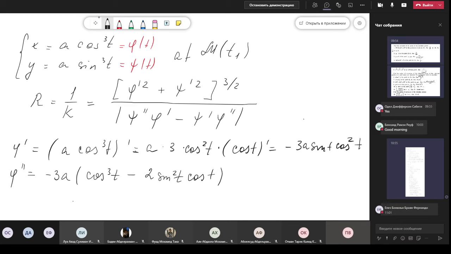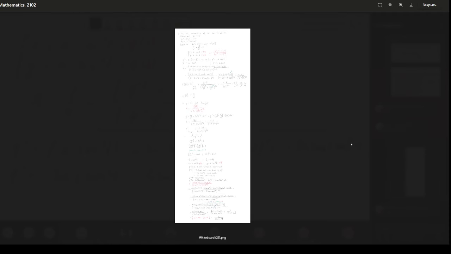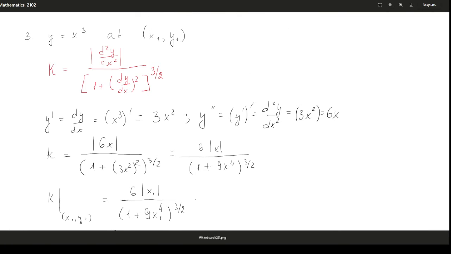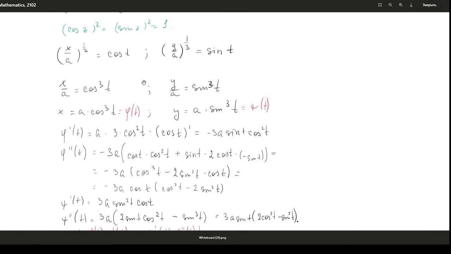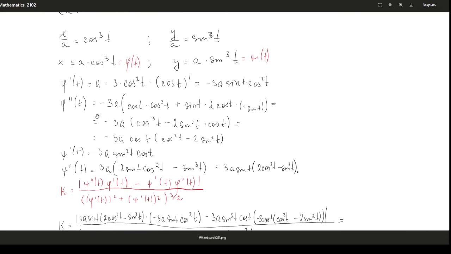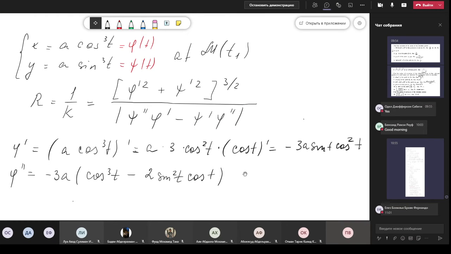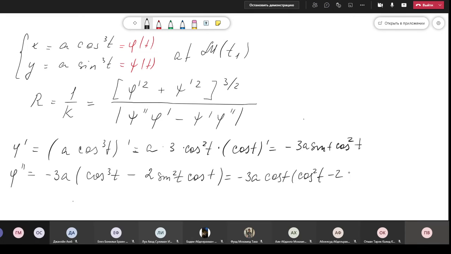Phi double prime, we have minus 3a times cosine cubed of t, maybe I find it here. Here, phi double prime: minus 3a cosine squared minus 2 sine squared. Yes.